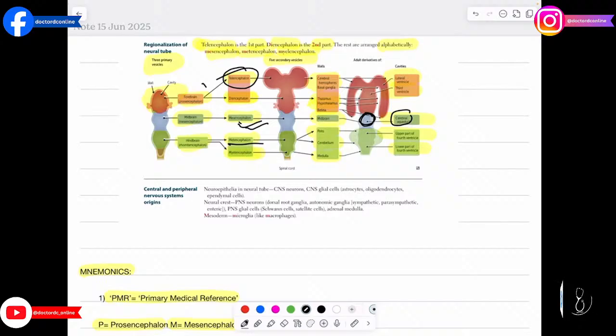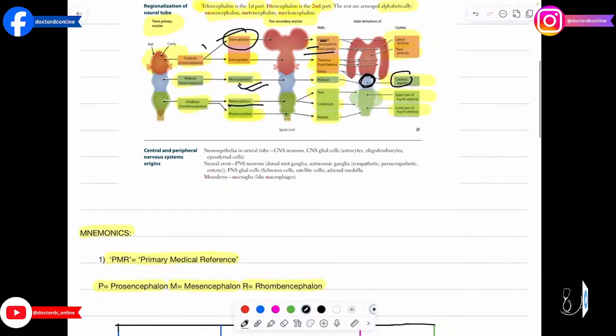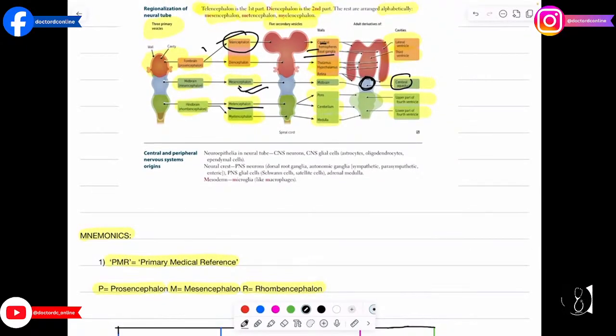So let's break down which nervous system parts come from which embryologic origin. Neuroepithelial cells of the neural tube form the structures of the CNS, including CNS neurons and CNS glial cells like astrocytes, oligodendrocytes and ependymal cells.